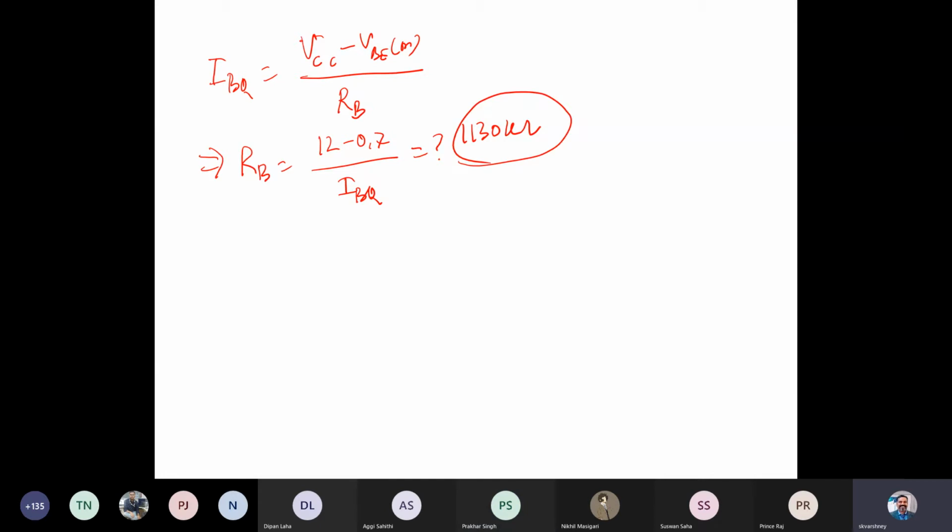You can see it's a very high value of resistance, on the order of a mega ohm. It's too large a value to be used in an integrated circuit.